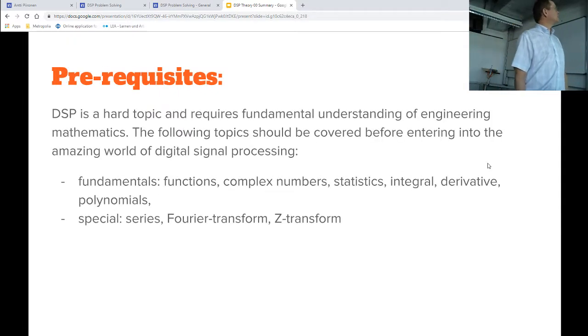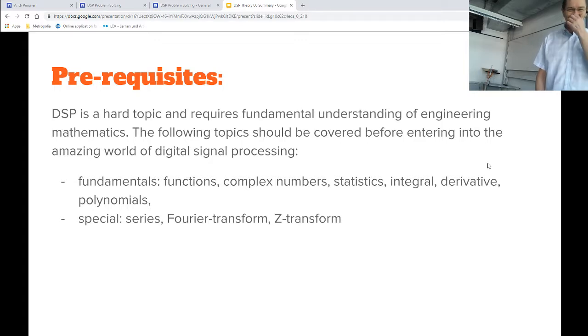What you should already have is the fundamentals, like the mathematics fundamentals. The foundation of digital signal processing is in mathematics, in discrete mathematics. But digital signal processing is very practical. It's almost like not math at all.